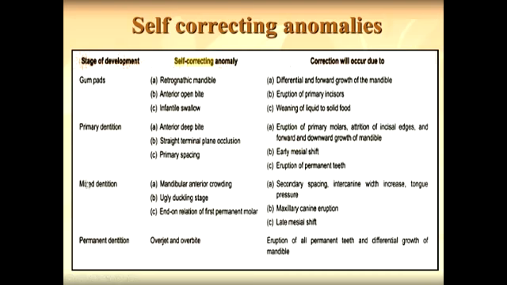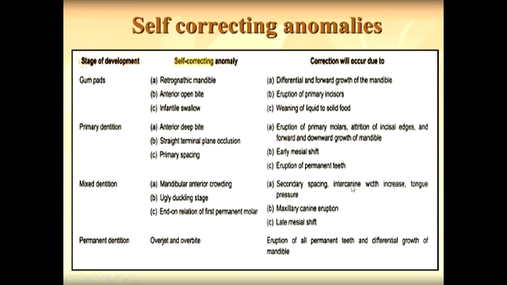While the mixed dentition is a very important dentition, the self-correcting anomalies are mandibular anterior crowding, the Angle-Dougling stage, and the end-on relation of the first permanent molars.